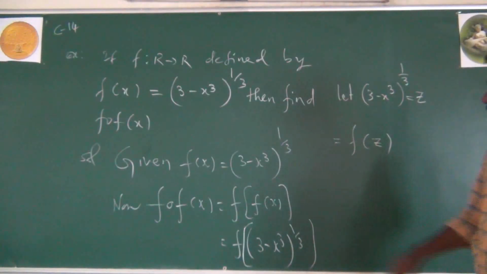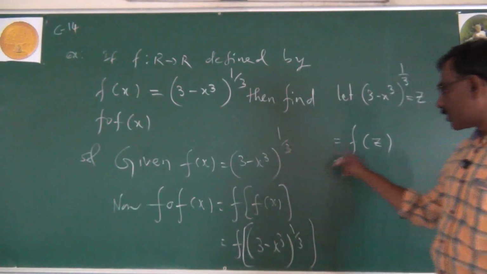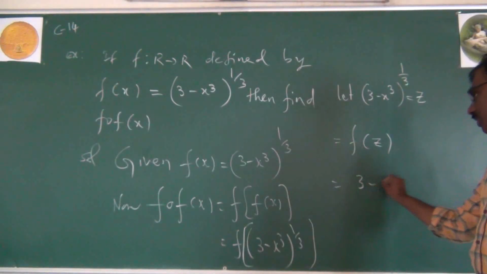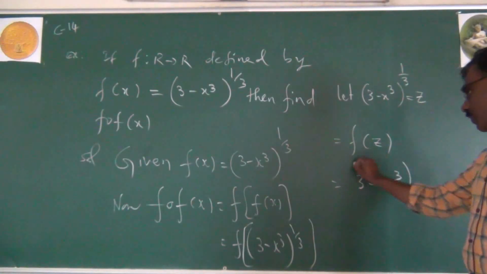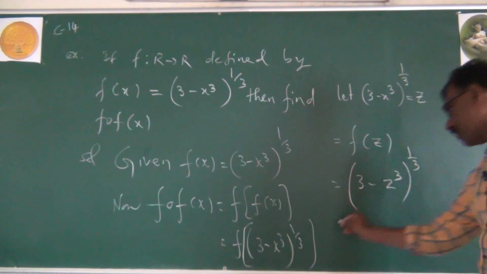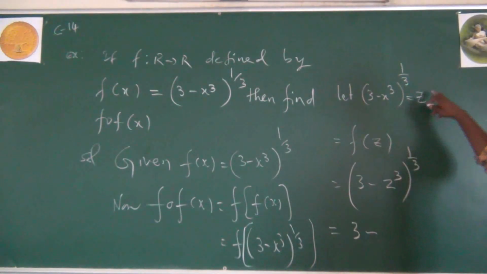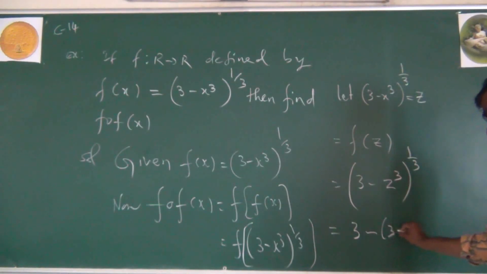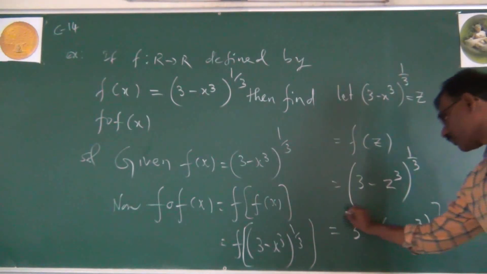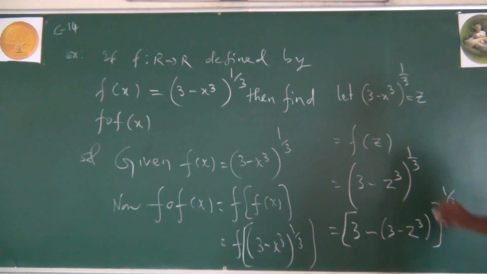What is f of x? (3 minus x cube) whole raised to 1 by 3. So f of z is (3 minus z cube) whole raised to 1 by 3. Raising to the power 3, the 3 cancels: (3 minus z cube) raised to 1 by 3.